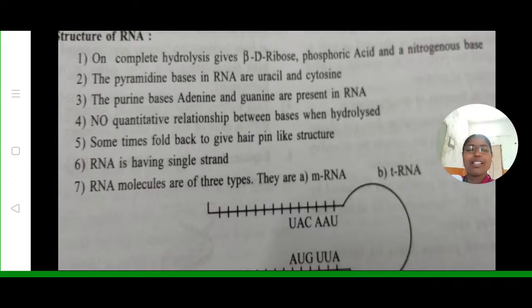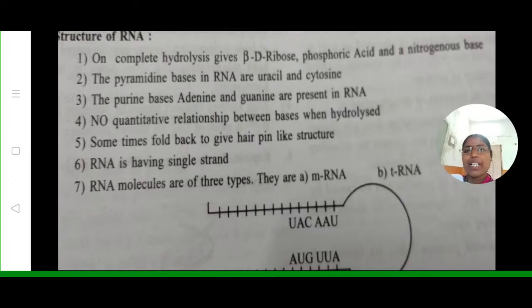RNA is of three types, already discussed: mRNA, tRNA and rRNA, that is messenger RNA, transfer RNA and ribosomal RNA. Let us discuss the total RNA structure.